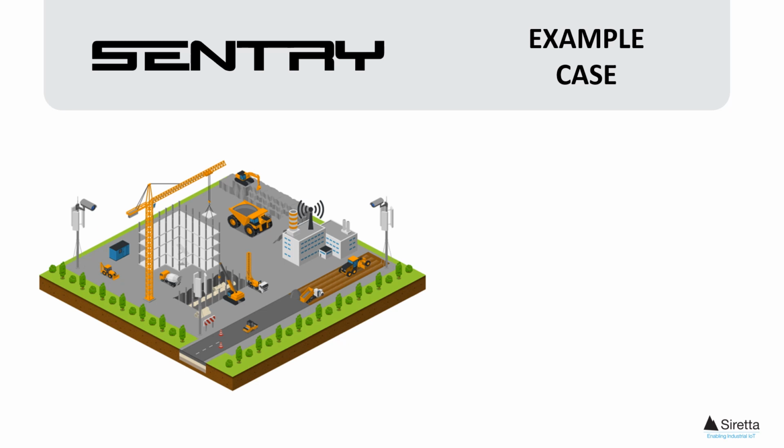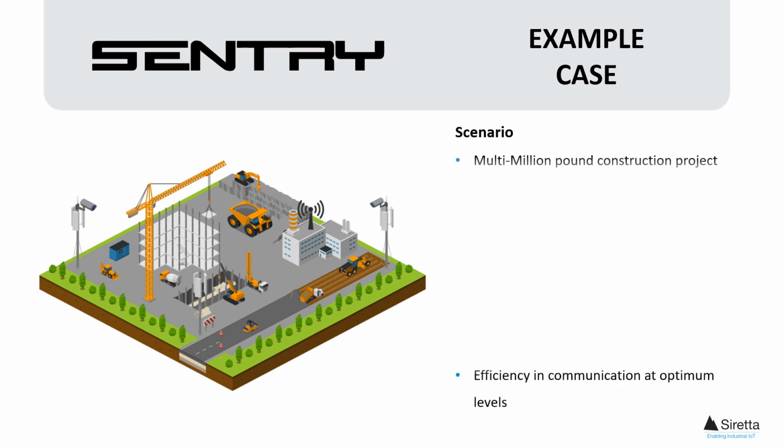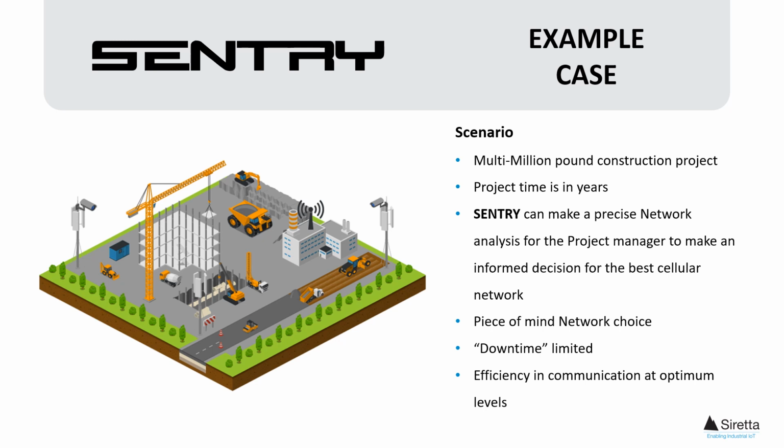And we all know with construction projects, if there are delays in any way, it will cost the business more money in penalties or late fees. As a recap, it's multi-million pounds. The project time is in years.